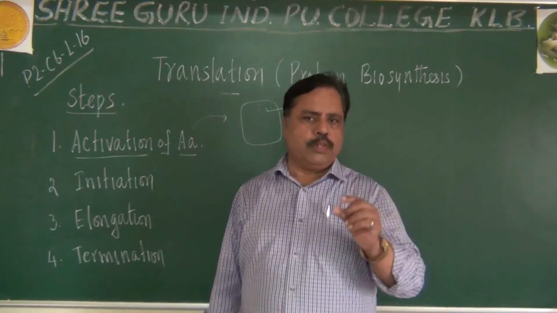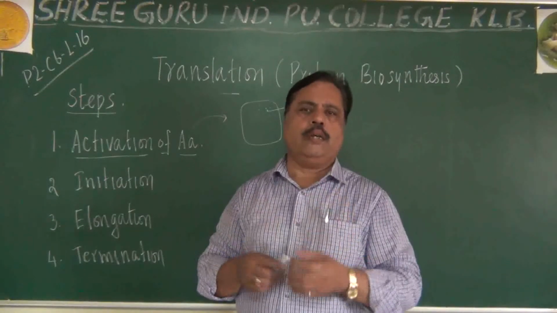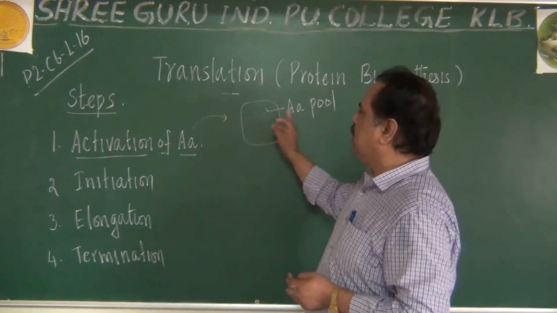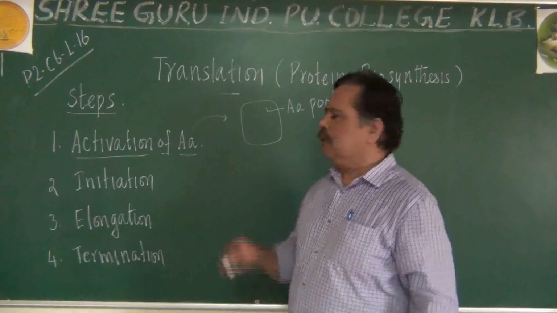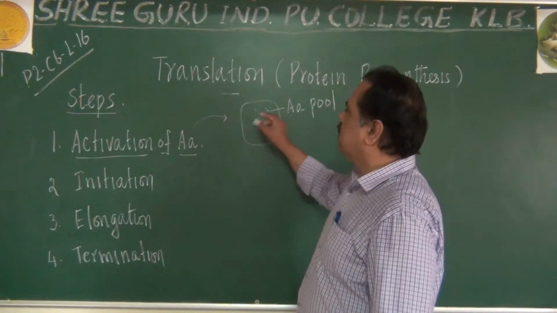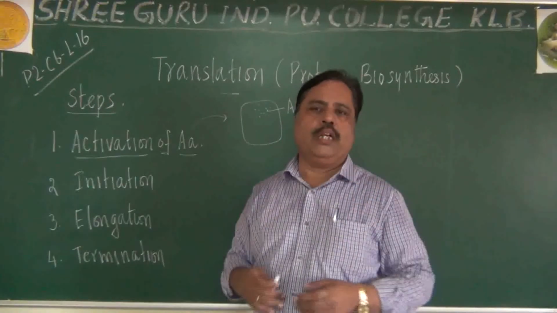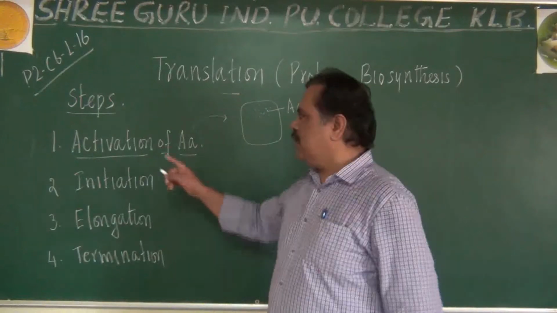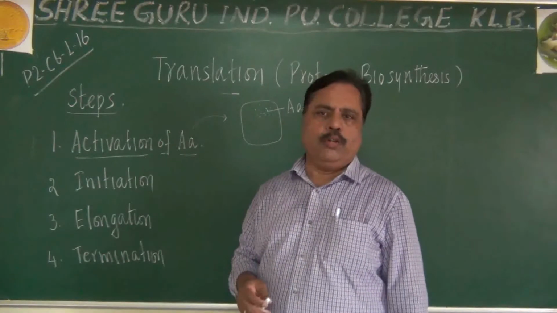So our food provides protein, that protein we digest, we get amino acids, and those amino acids are stored in the amino acid pool. Whenever we want, this raw material, the amino acid, has to be activated and utilized properly. That process of energizing the amino acid is called activation of amino acid.